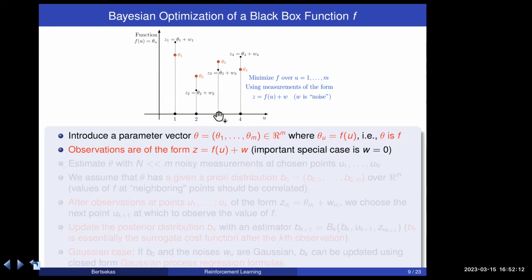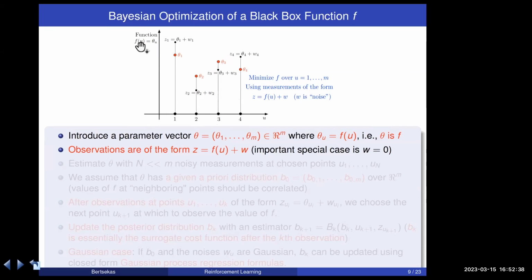Here are the points where the function is defined, just 4 points here. In general, it would be a very large number. And it could also be a continuum, but we're going to consider the case of a finite number of points in this lecture. The methodology for a continuum of points is similar, but a little bit more complicated. I'm not going to get into it today.